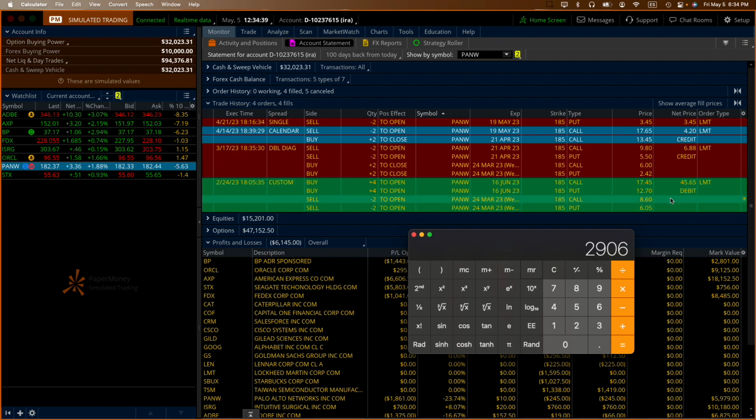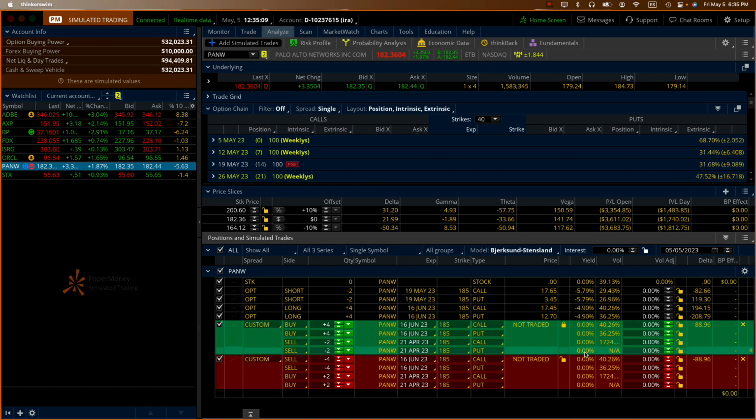And now this cost us 45.65 times 200. And so I'm going to subtract from this number the memory. So I'm going to do the opposite, and then memory recall, and this is actually in positive what the cost is. So divide that by 200, and my cost is 31.12.